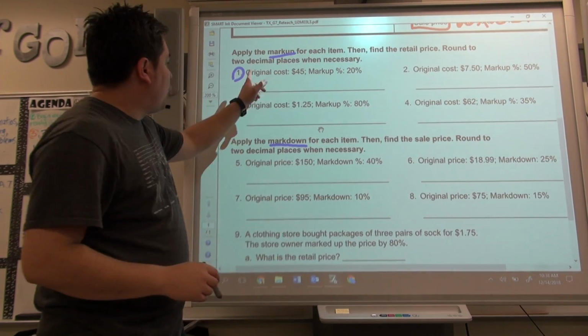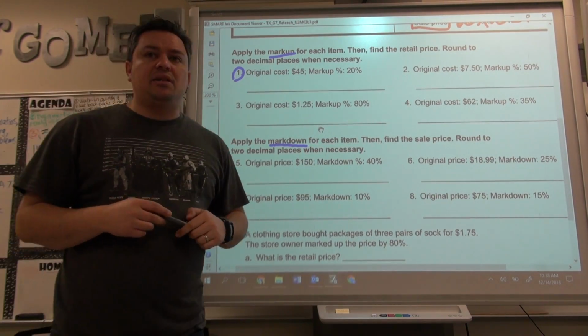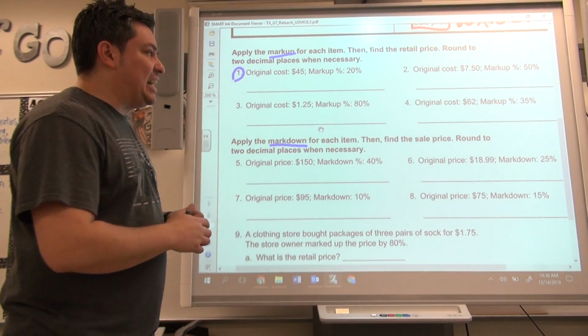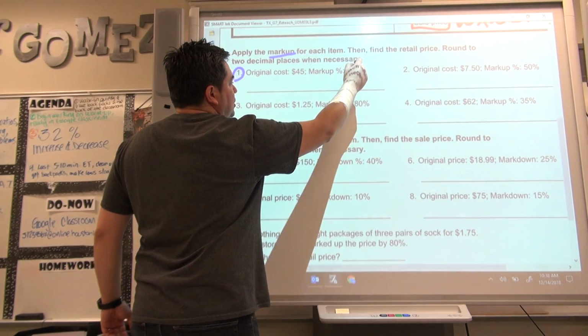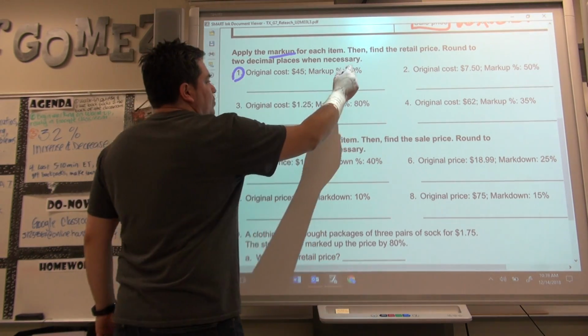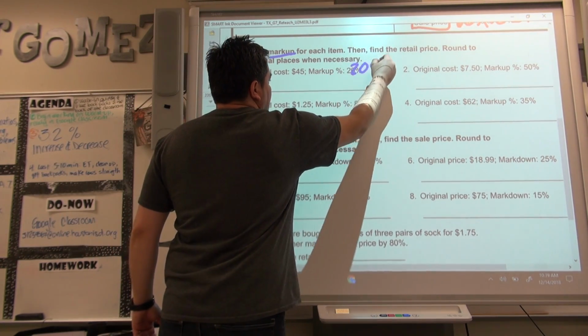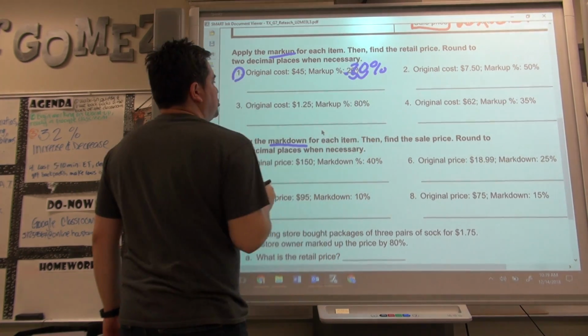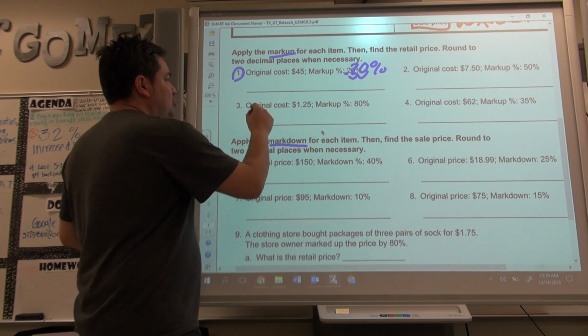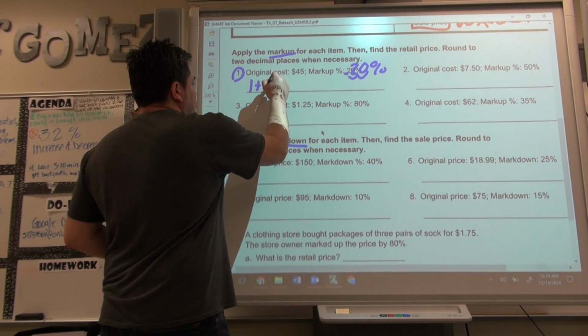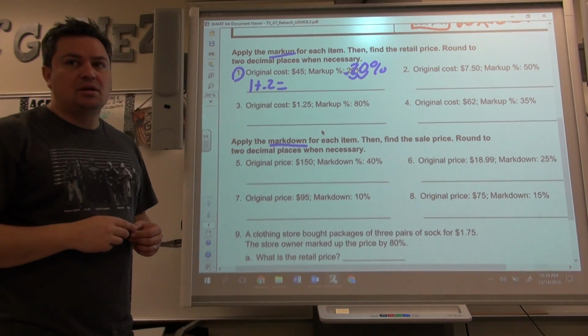So we have original cost, $45. Markup, 20%. 20% as a decimal is 0.2. And then add 1. So it's 1 plus 0.2 equals what?